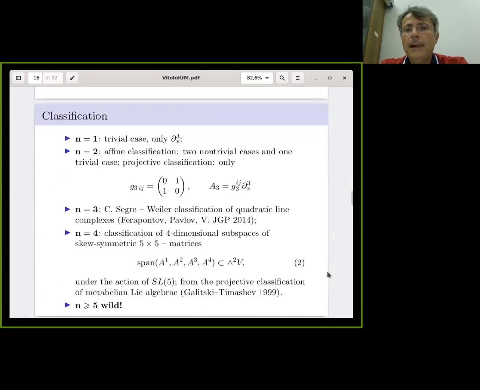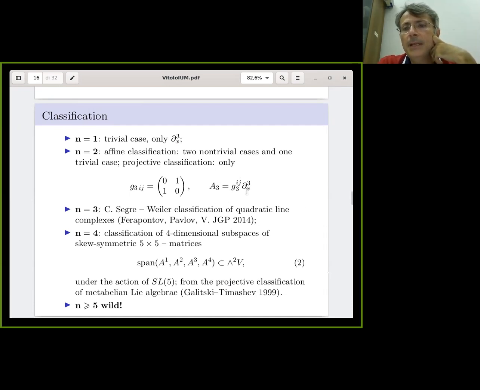Okay, then there is also a classification result on third order operators. So in the case n equals 1, we have only one case, d^3, which happens as a summand in, for example, the second Hamiltonian operator for the KdV equation or the Camassa-Holm equation. So in the case n equals 2, there is also a simple operator in the projective classification. In the affine classification, there are three normal forms.